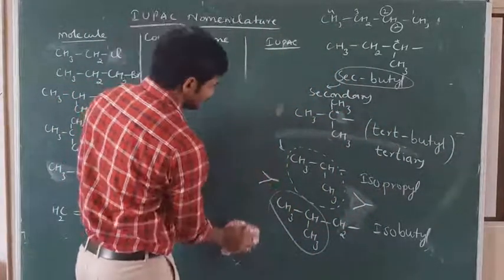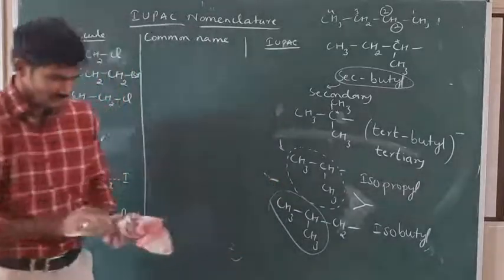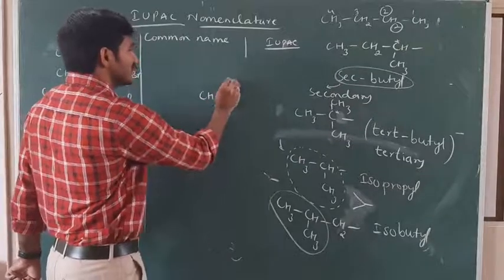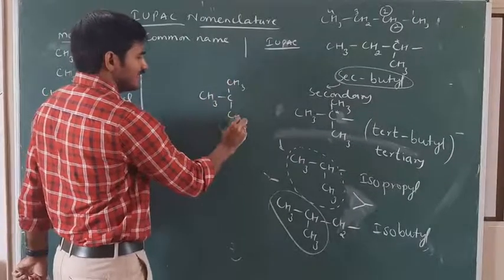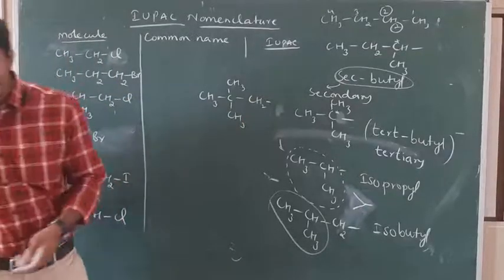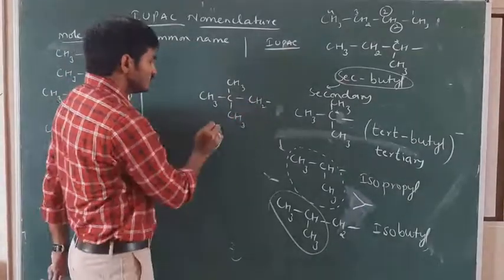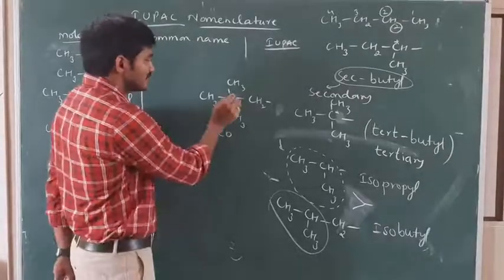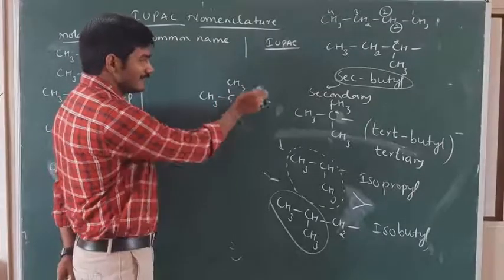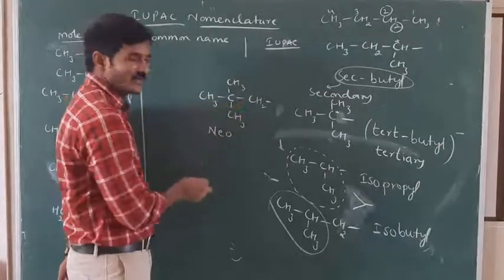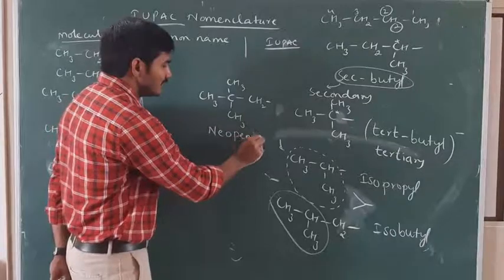Next, if this tertiary carbon is extended with one more carbon, this group is called neo. How many carbons in total? 5. So write it as neopentyl.